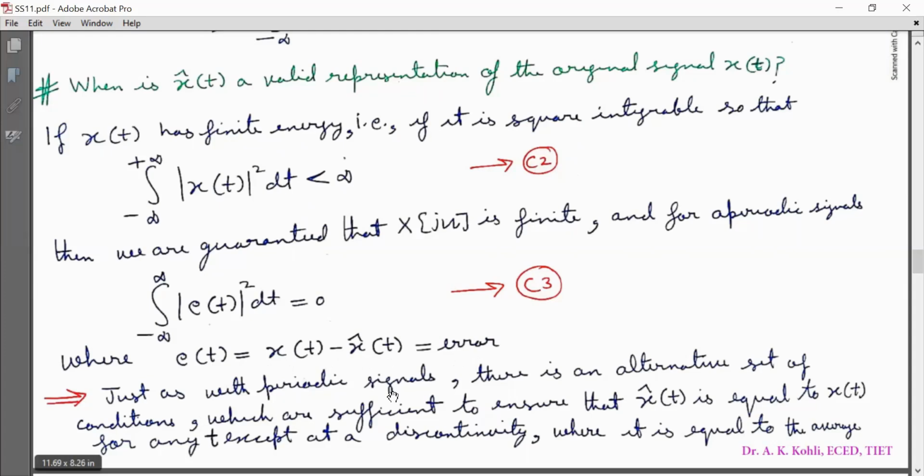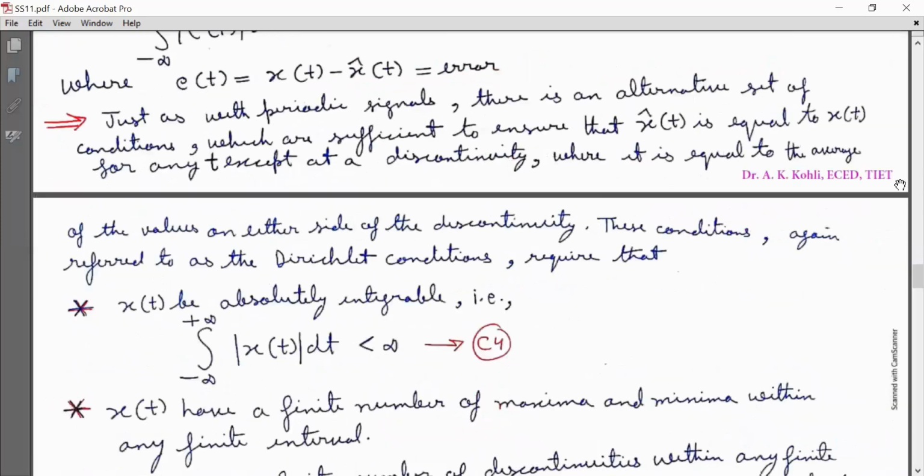Just as with periodic signals, there is an alternative set of conditions which are sufficient to ensure that x cap(t) is equal to x(t) for any t except at a discontinuity, where it is equal to the average of the values on either side of the discontinuity.